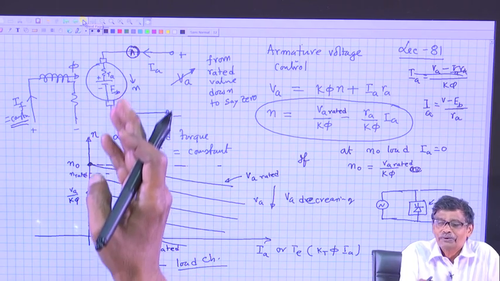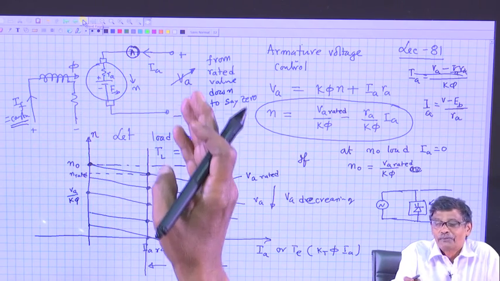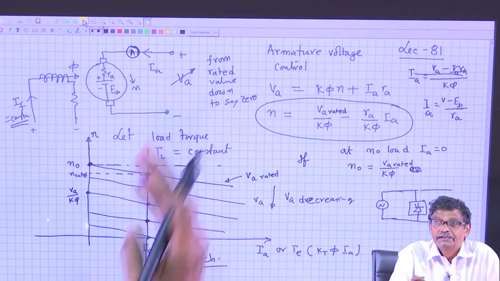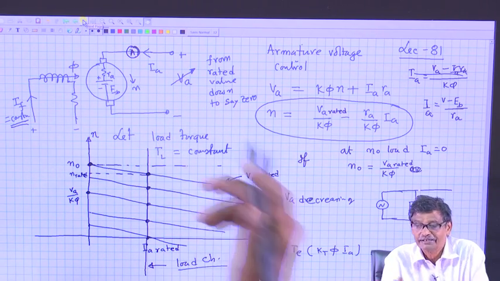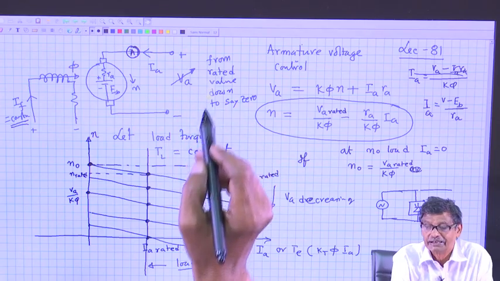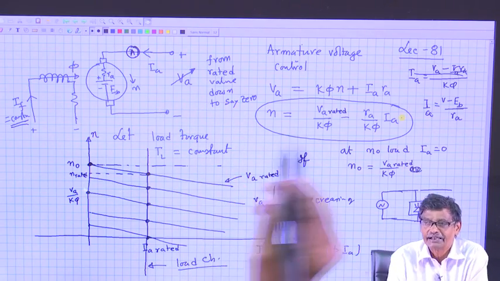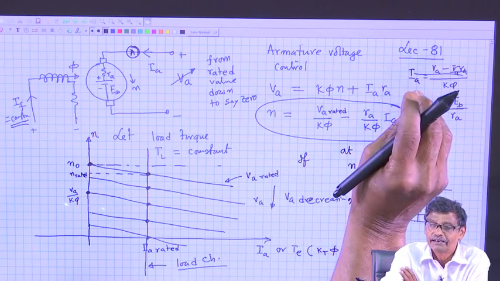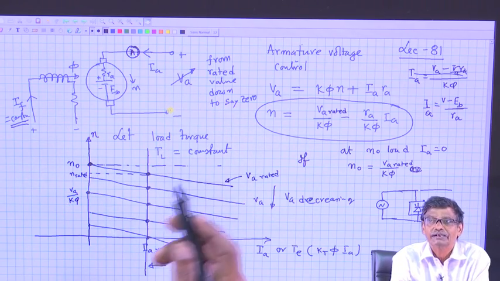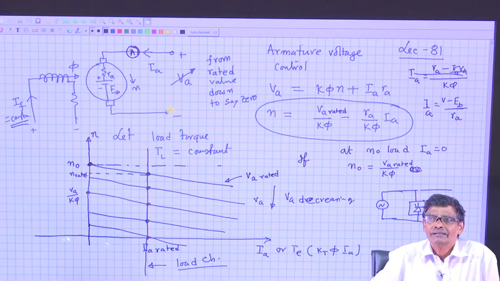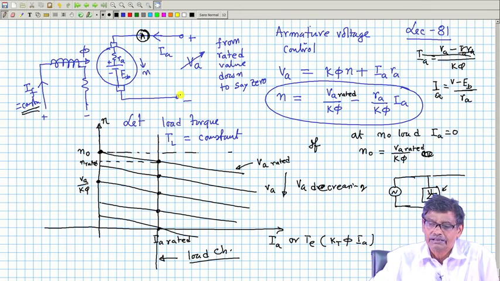I mean, to control the speed of a DC motor by armature voltage variation, what I am telling is that you purchase another DC generator and connect it here, a separately excited DC generator, vary the field current of that, so that this armature voltage could be controlled. That is not a good proposition, cost of the thing will go many times higher.